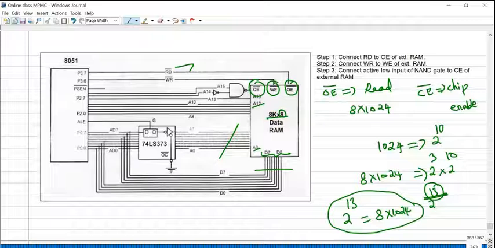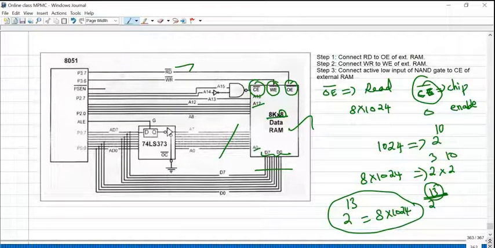In some textbooks it is called chip select. CS bar or CE bar, chip enable. We have to make this particular pin 0 to enable this entire memory IC. So 13 address lines are all we needed, but we have 16 address lines. So what can we do?